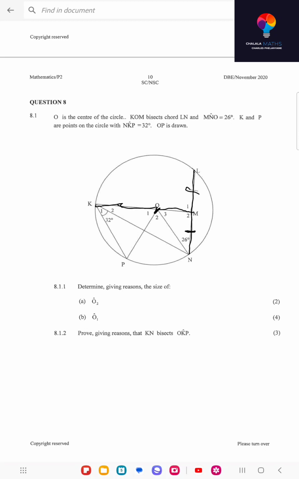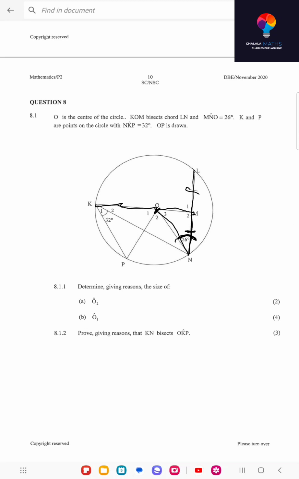We can bisect the angle, which basically means the angle will be divided into two equal parts. And it further says angle M and O, this one, is 26 degrees.